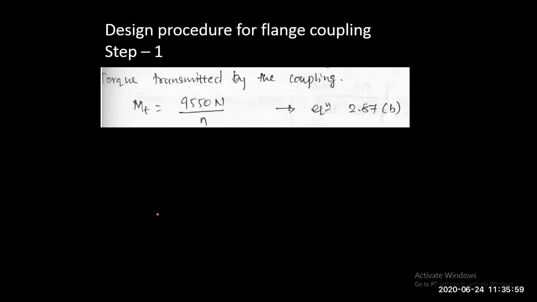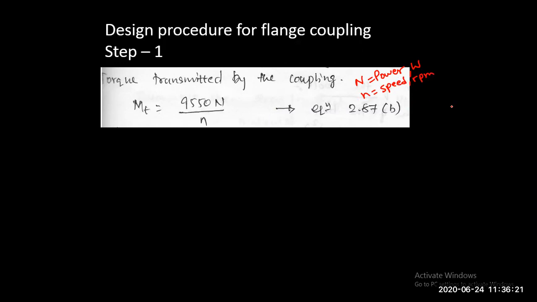Step one is, as usual, you find the torque. You can use this equation or you can use 2 pi nT by 60. But here you keep the distinction: capital N is power, in watts, and small n is speed, in RPM.